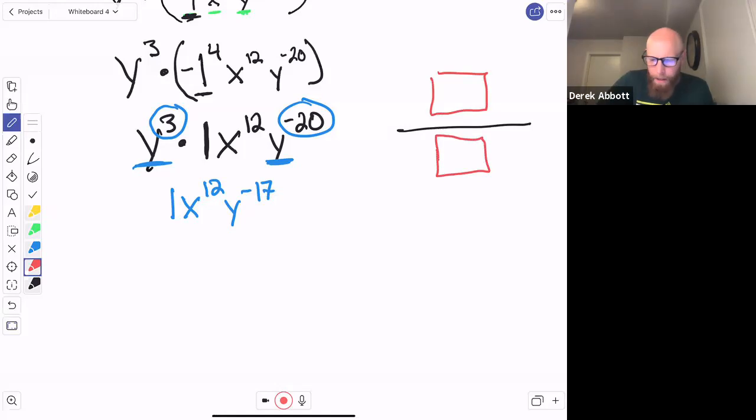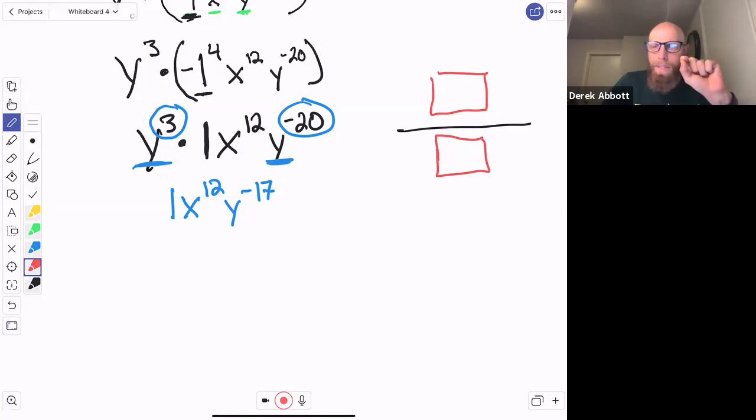So if something is on the bottom and it has a negative exponent, move it to the top and it becomes a positive exponent, and that gives it its ability to move. If it's got a negative exponent, it's on the top, it's going to move down, and then the negative becomes positive.